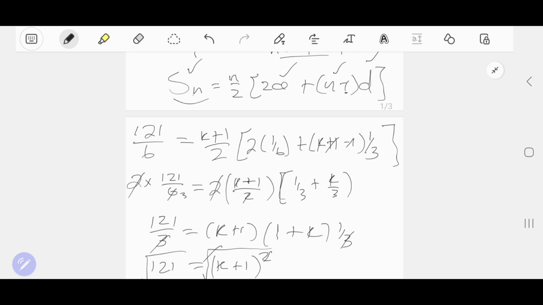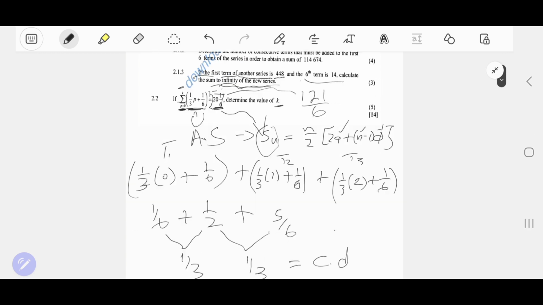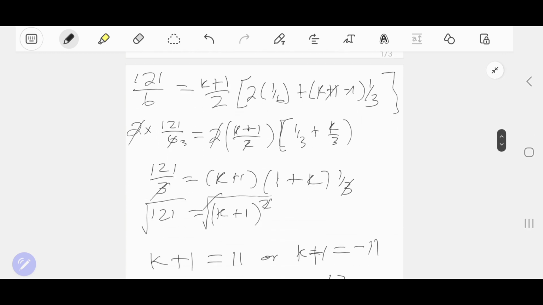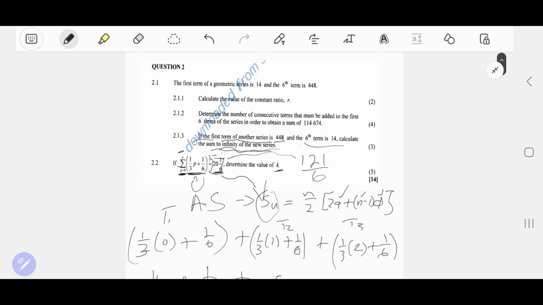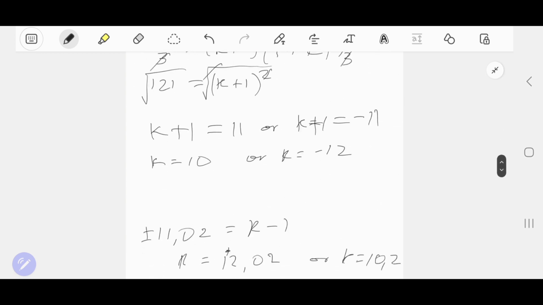But remember, what did I say, people? We're going to start here and end up here. So we are moving, if you can see, from 0 in the positive direction. So the answer that we are looking for, people, is of a positive nature. So the answer here, k is equal to 10.